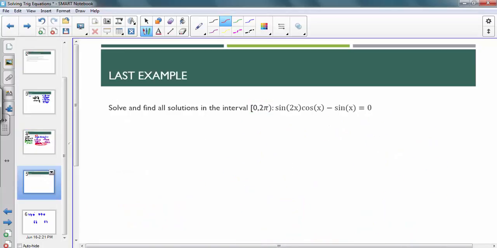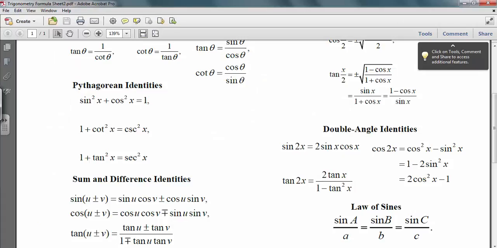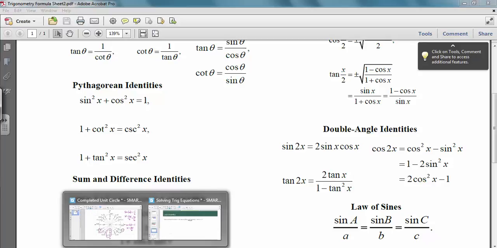All right, looking at our last example, we have sine of 2x times cosine of x minus sine of x equals 0. So the first thing I want to do is replace this sine of 2x with that identity. I have saved a little trig formula sheet here. So sine 2x equals 2 sine x cosine x.